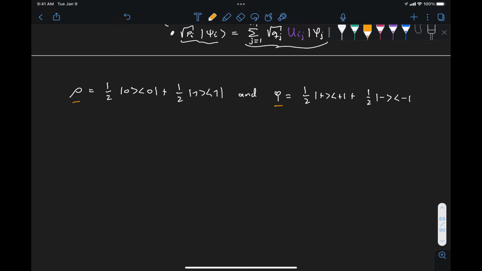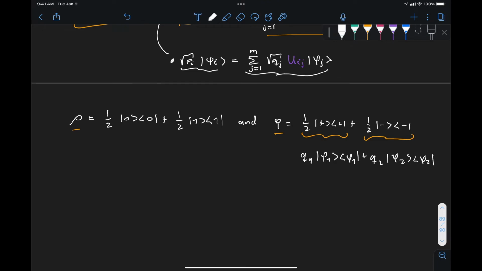So let's take, for example, this matrix here, and let's try to express these two terms as a function of the terms in the matrix rho. So this first term here will correspond to some q sub 1, phi sub 1, and this is some q sub 2, phi sub 2, right?